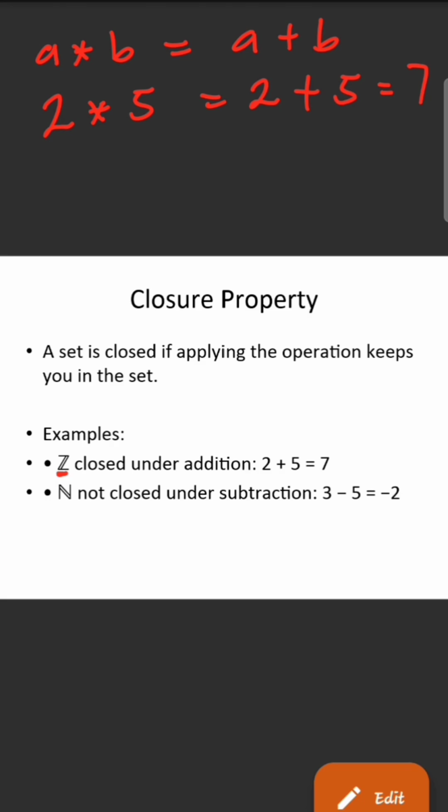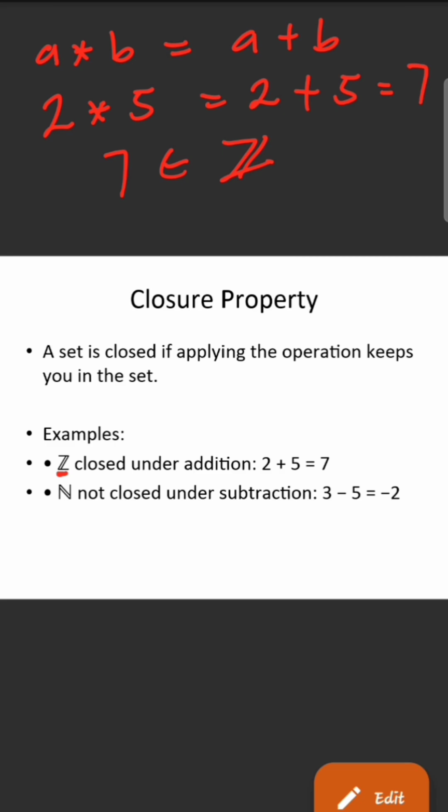So after we add 2 plus 5 and we have 7, 7 is also an element of the integers. So that means the set is closed.